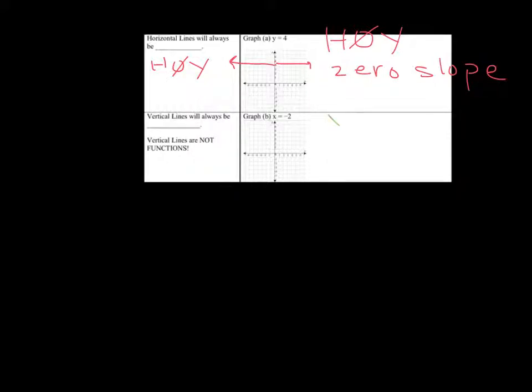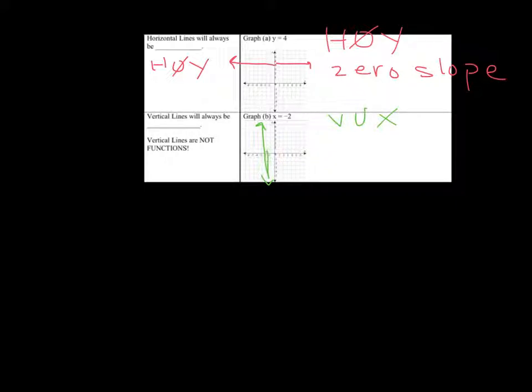Hopefully when you see x equals, you're thinking, oh, that's VUX. The V helps you remember that it's a vertical line. So I'm going to go to -2 on the x-axis, put a point, and draw a vertical line through that point.